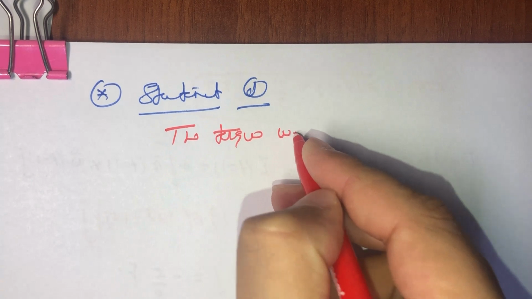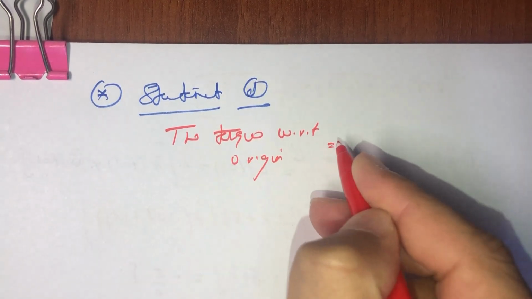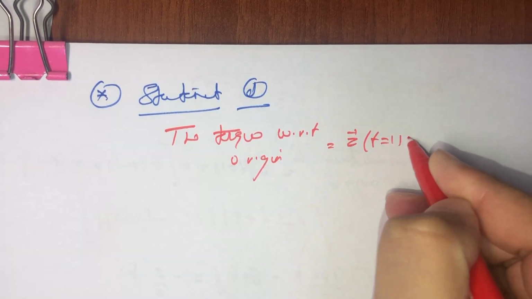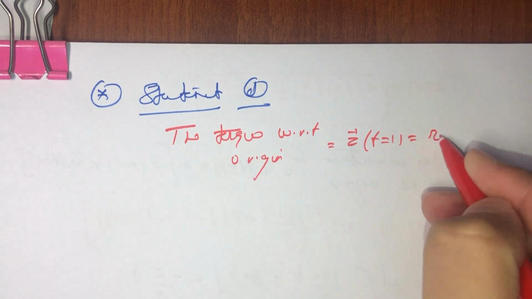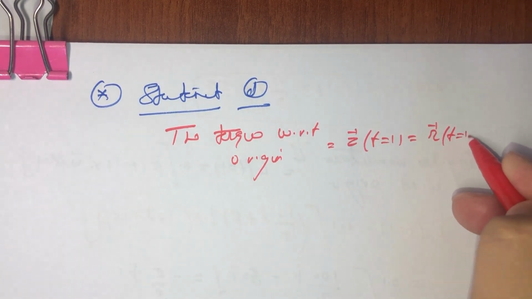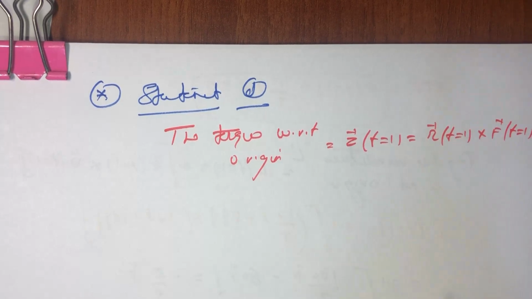Torque with respect to origin, that is torque at time t is equal to 1 is equal to R at t is equal to 1 cross F at t is equal to 1.